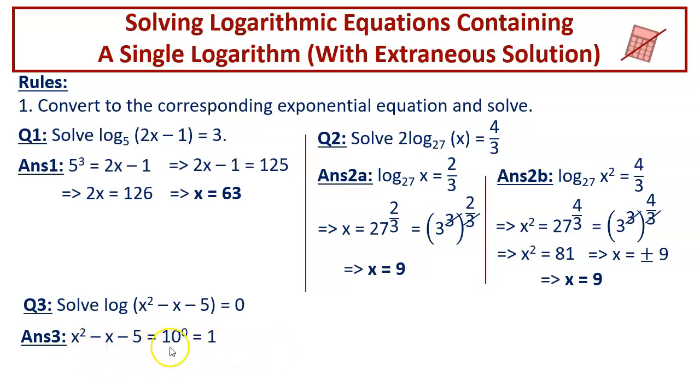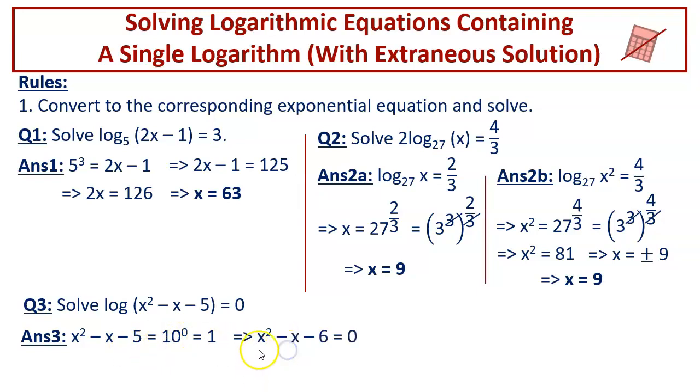And how do we solve quadratic equations? We bring all the terms to one side of the equal to sign and make the other side equal to 0. We bring all the terms means in this case we will be subtracting 1 from both the sides. So the right hand side becomes 1 minus 1, that is 0, and the left side will be containing negative 5 and negative 1.